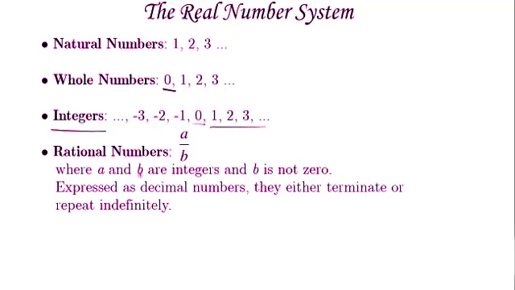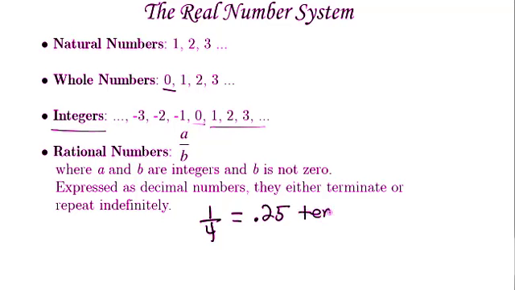And when a rational number is expressed as a decimal, it's either going to terminate or repeat indefinitely. For example, if I have the fraction 1/4, I can express that as a decimal, 0.25, and this clearly terminates.